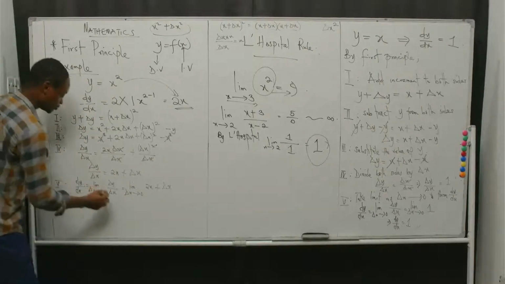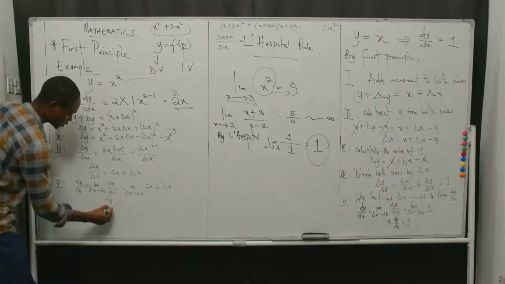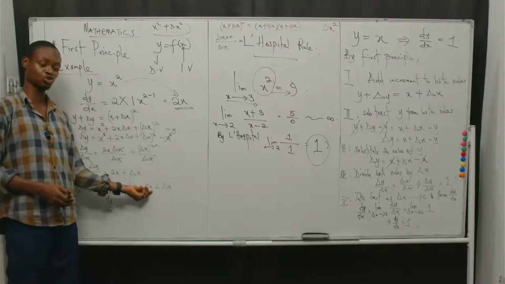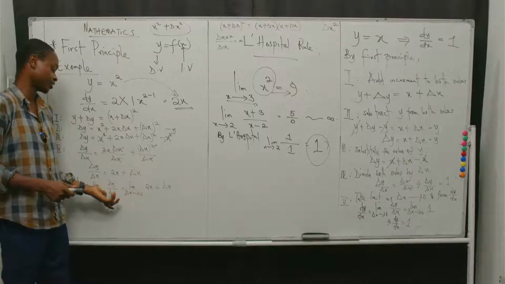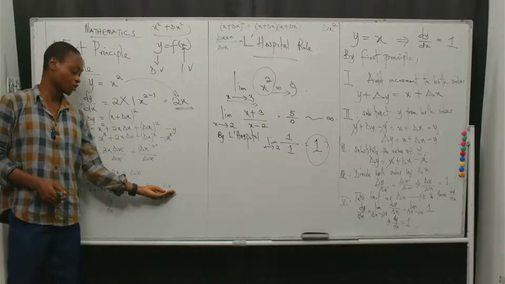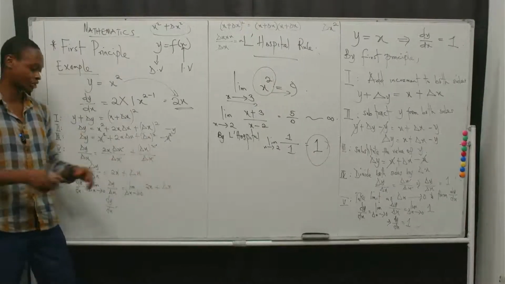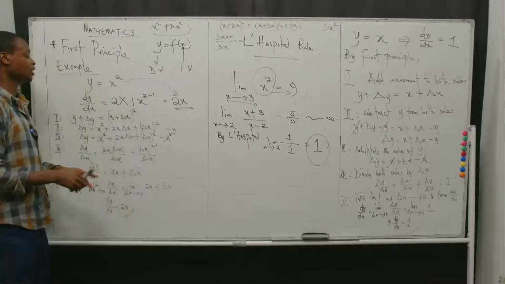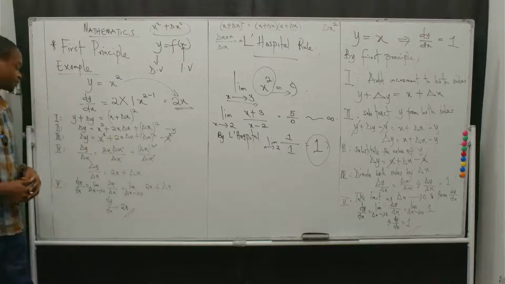So in this case, dy dx will be equal to the limit as delta x is set to 0. It doesn't affect 2x because it does not have any delta x attached, but it affects this one. So it's just like saying 2x plus 0. So it means that your dy dx is equal to 2x, just as we had.